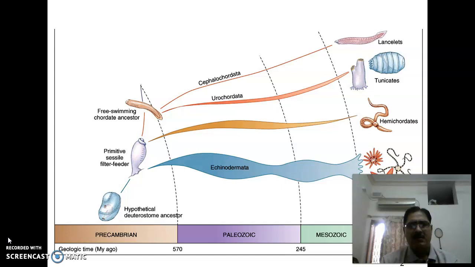Apart from it, this primitive sessile filter feeder also gave rise to a free-swimming chordate ancestor, and this free-swimming chordate ancestor is responsible for giving rise to two major subphyla of Chordata. One, the Urochordata, which means tunicates, and the other, Cephalochordata, in which amphioxus comes.